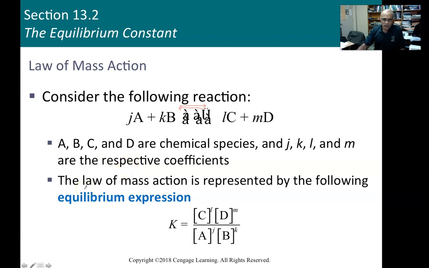So the law of mass action, represented by the following, expresses the equilibrium constant as K, capitalized K, and K is equal to the concentration of products raised to its coefficient, that'll be the power, and multiplied by the concentration of the other product. So in other words, product concentration raised to the coefficient, divided by the concentration of the reactants raised to their power.